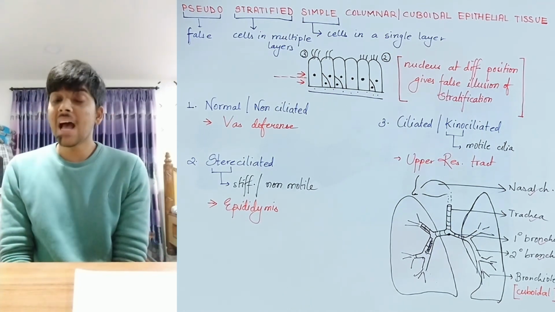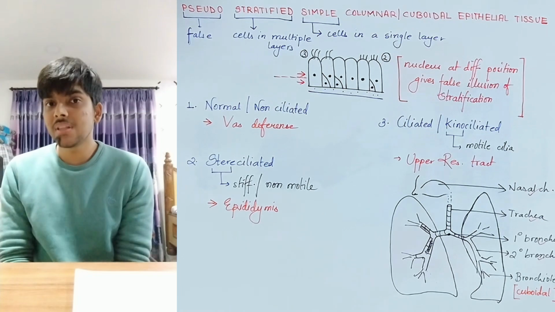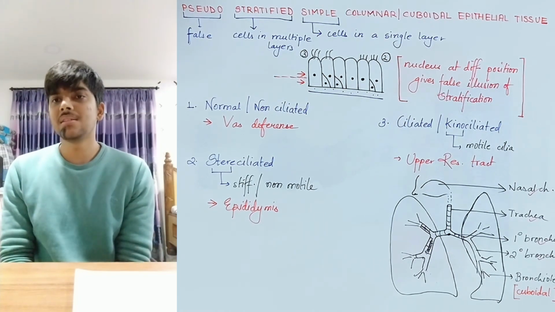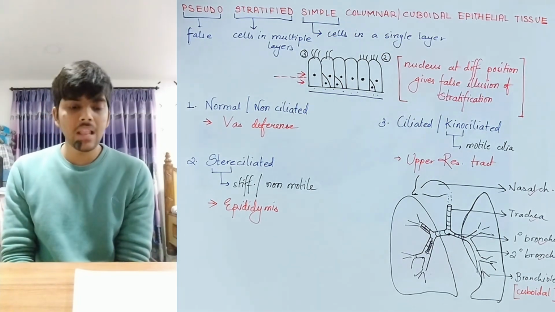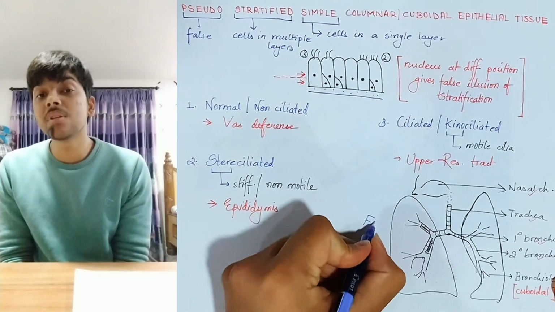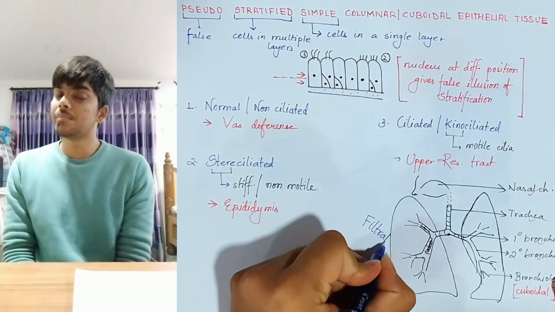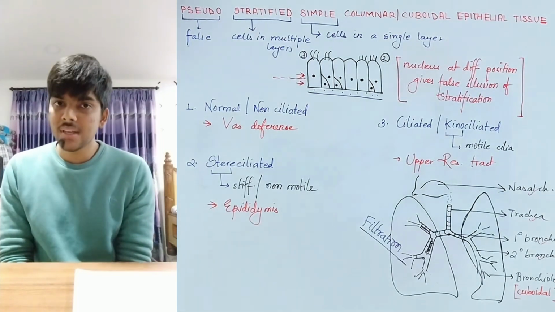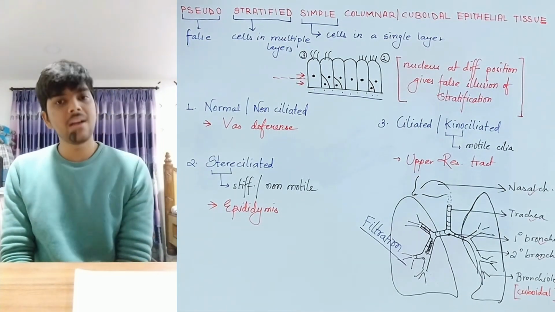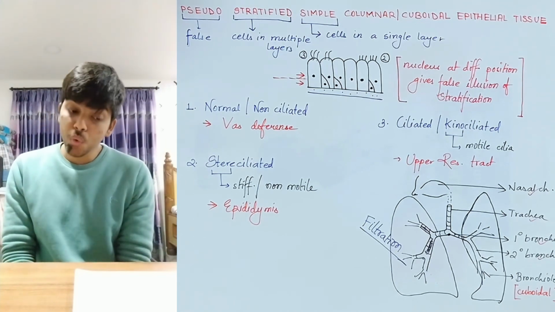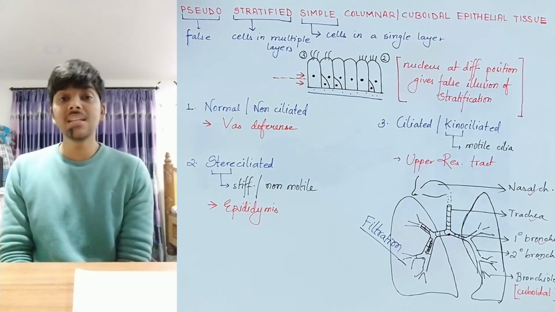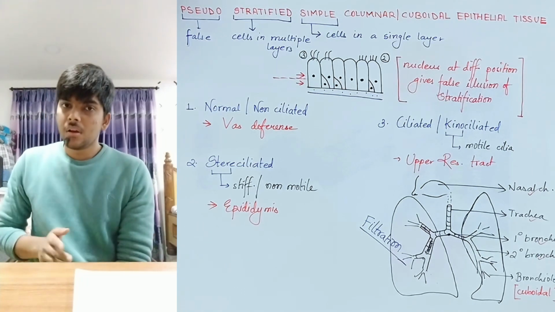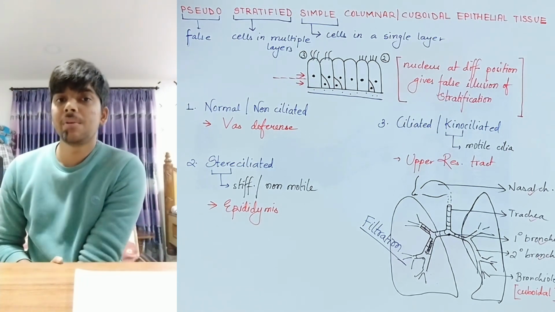Where cilia is present on the free surface, but the stereo is stereo, that is, it is stiff and non-motile, and which is found in the epididymis of the male reproductive system. And finally, ciliated or kinociliated pseudostratified simple epithelial tissue where motile cilia is present. And where is it found? It's found in the upper respiratory tract.